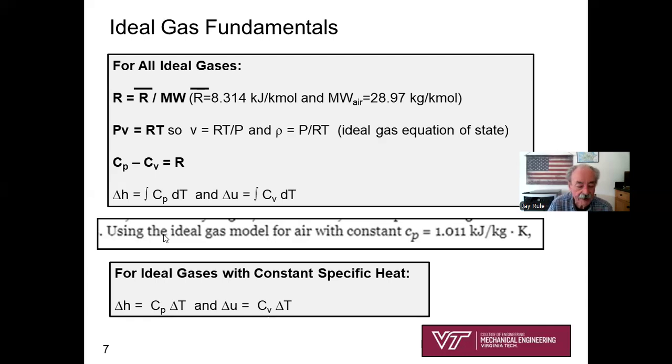So do you see with your eyes, well, if Cp is a constant, 1.011, you simply pull it out of the integral, do the integral, and you come up with the very nice, handy result for ideal gases with constant specific heat. Delta H is Cp times delta T, and delta little u is Cv, constant number, times delta T.